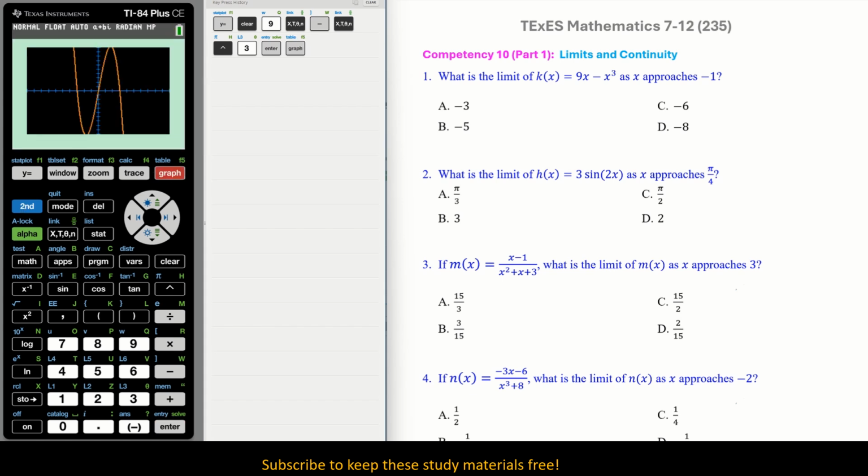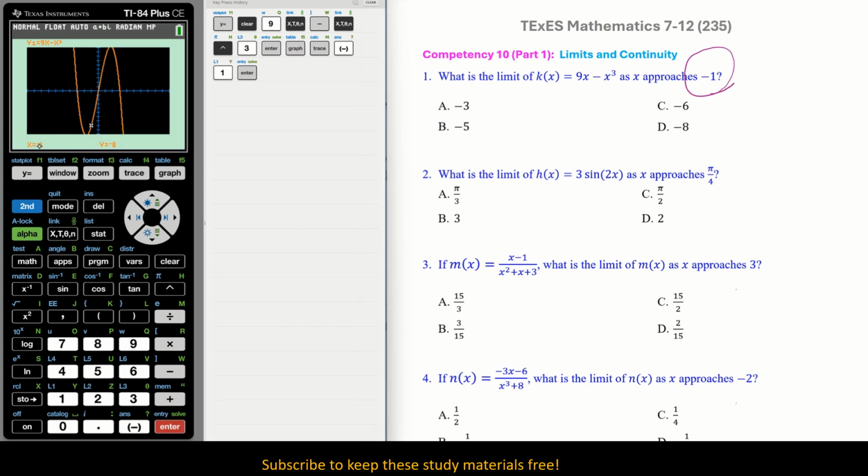You have two options here. You can push trace, and we're saying -1. When you have it on trace and you see that flashing, put in the value that you're approaching. So that's -1, enter.